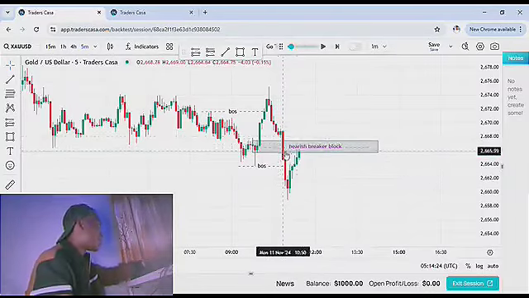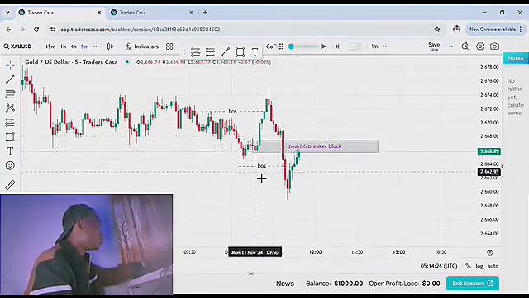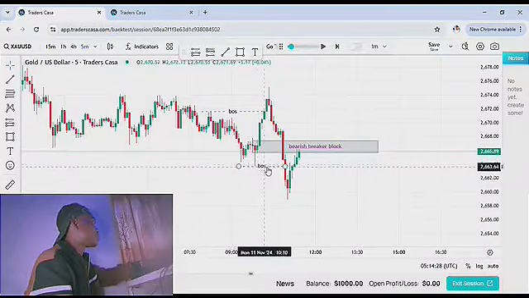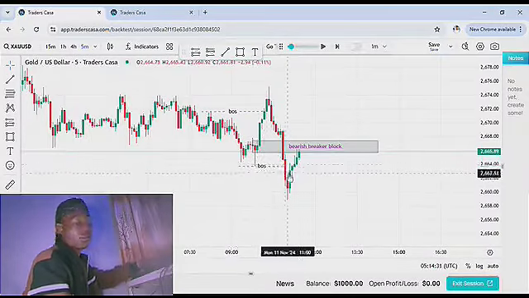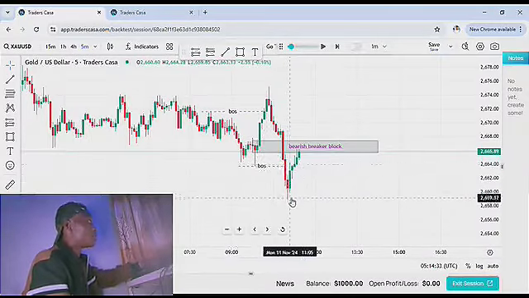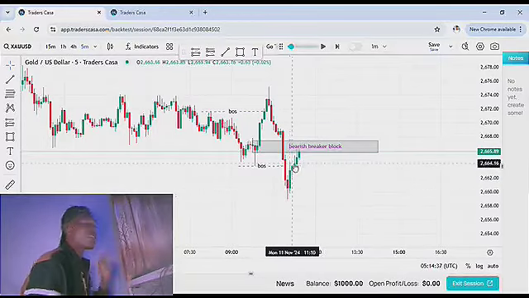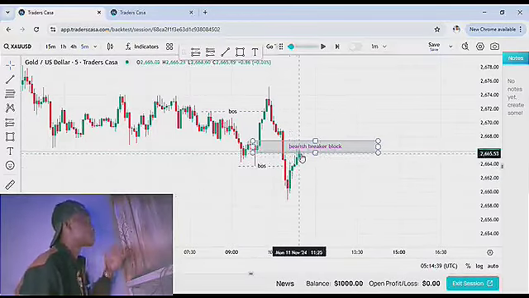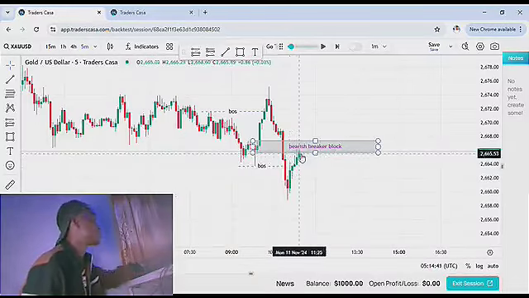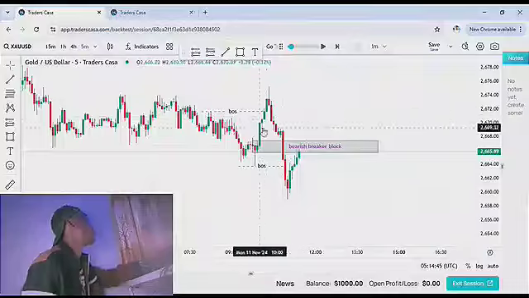Broke the structure, broke even the structure right here, then collapsed. Right now it's retracing backward. So our expectation right now is that price would definitely respect this breaker block since it has changed structure.